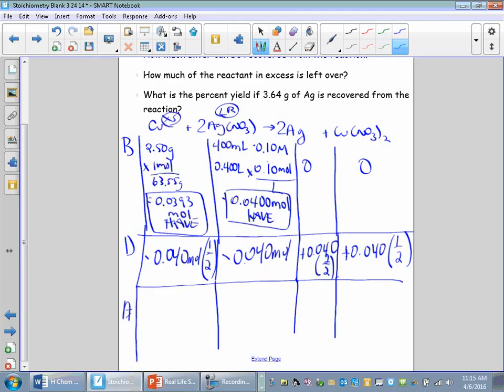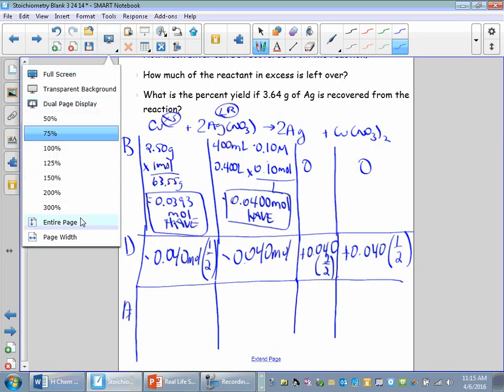Is that okay? I know some people are still looking at it. I'm just going to make this bigger. It's just way too small.